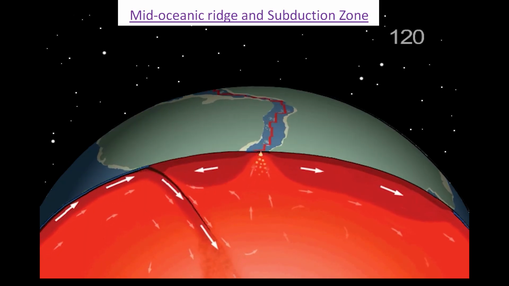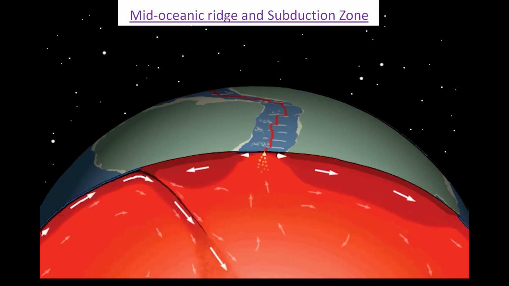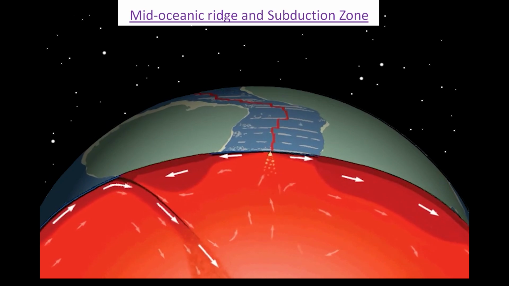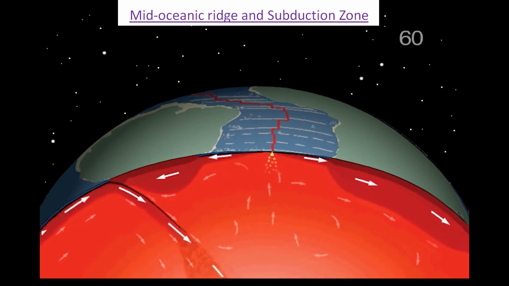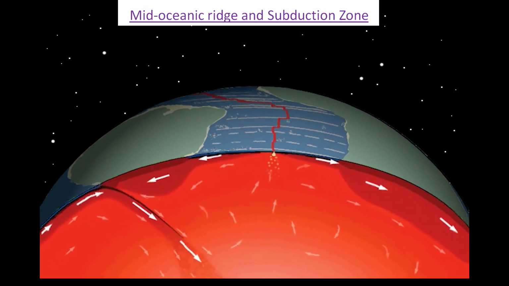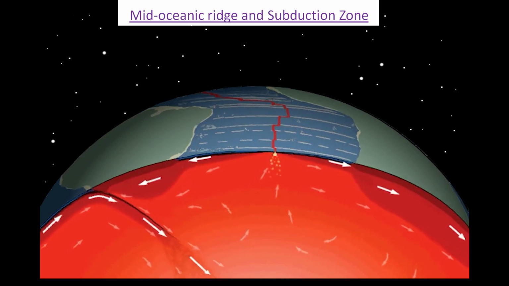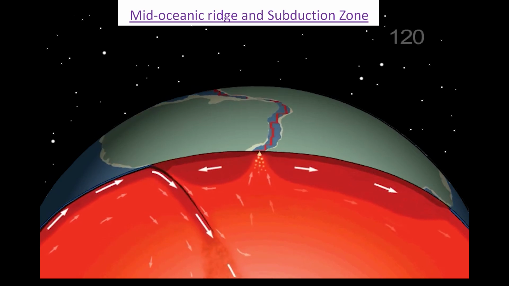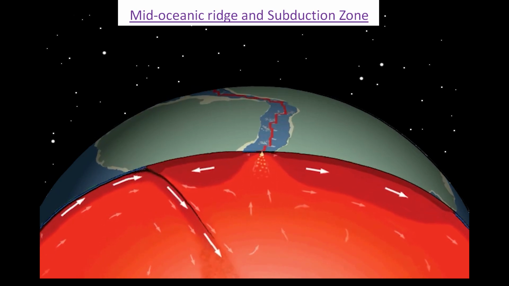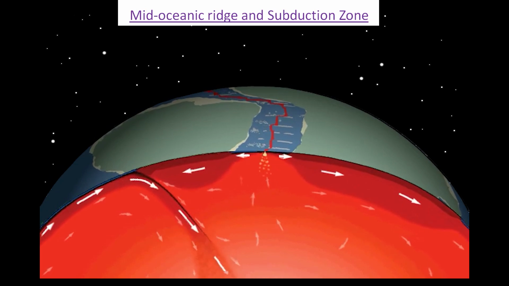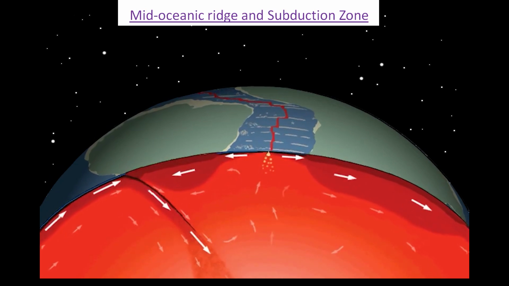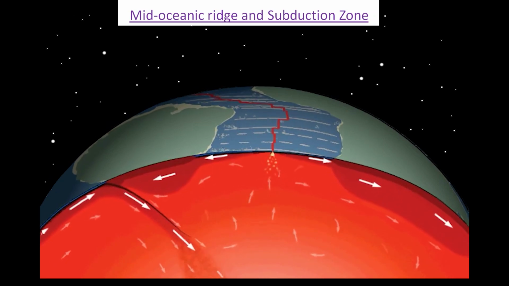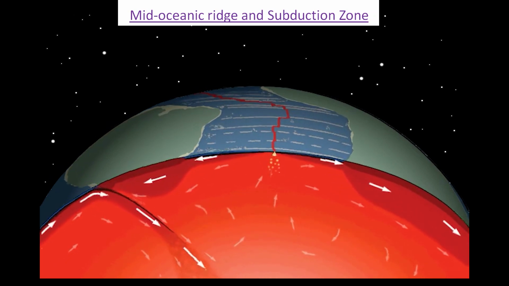Now there is a different animation again where you can see a plate, for example here the South American plate. On the west coast of South America, subduction is going on along this trench where the Nazca plate is getting destroyed along the western margin of South America. And with respect to that, on the eastern coast of South America, the mid-Atlantic ridge is developing in between South America and the African continent.